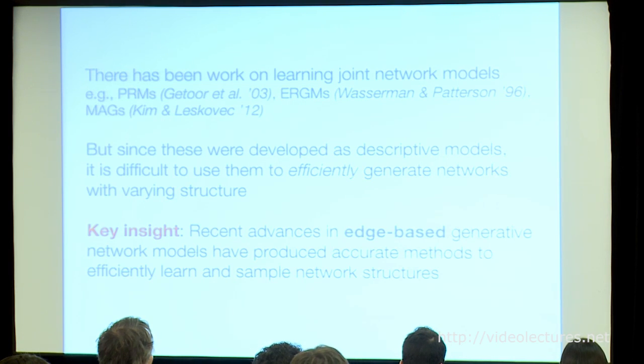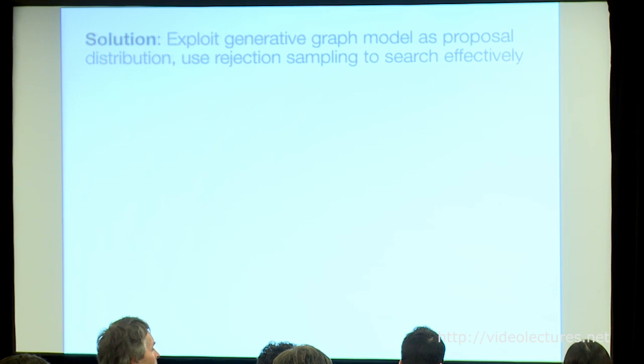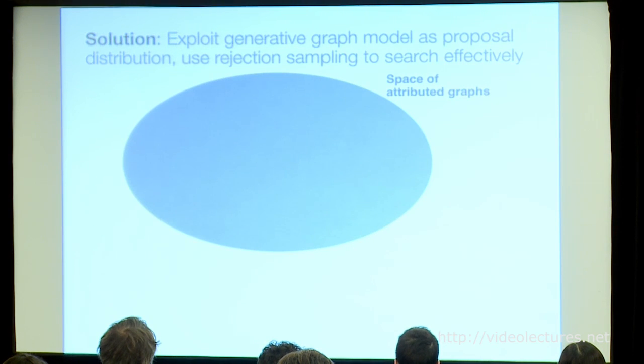So what we're going to do is use the generative graph models, so all of the work that's gone on in the network science community to produce these good models that can produce likely structures of graphs that we would see. And what we're going to do is use them in an accept-reject sampling framework to put attributes in there as well. And so what that looks like is that we have this space of attributed graphs, right, as this really large space that we can't possibly model effectively.